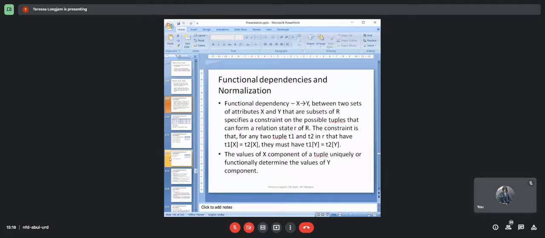If the database is huge, and you are not able to say whether your design is correct or not, then you can use normalization.